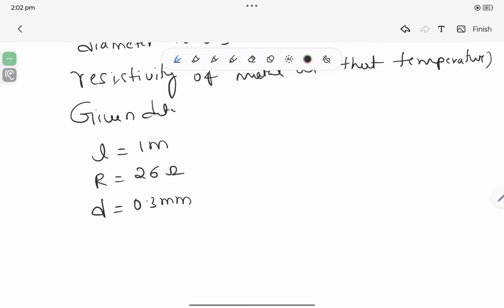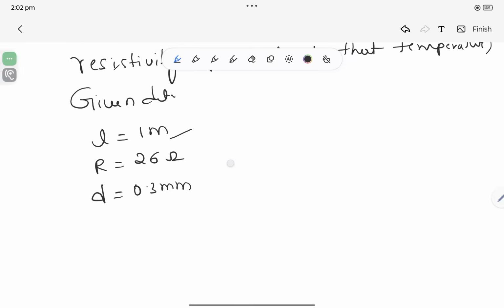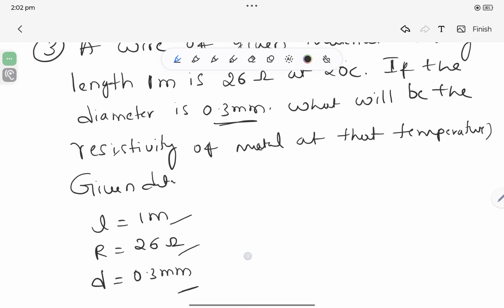Length is in SI unit, resistance is in SI unit, but diameter is not in SI unit. So you have to convert into SI unit.